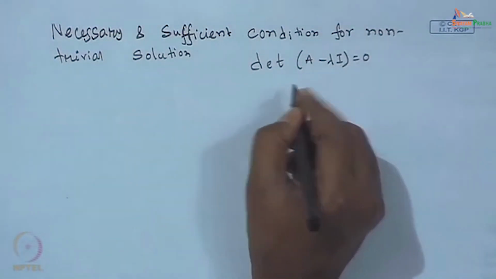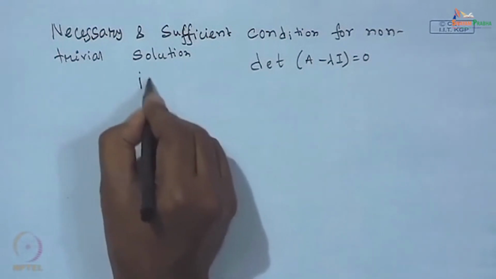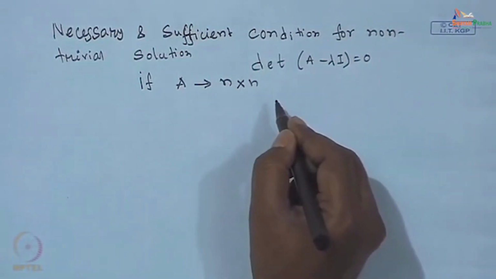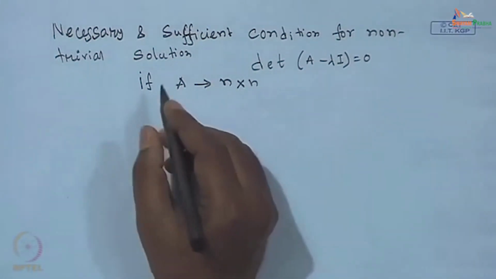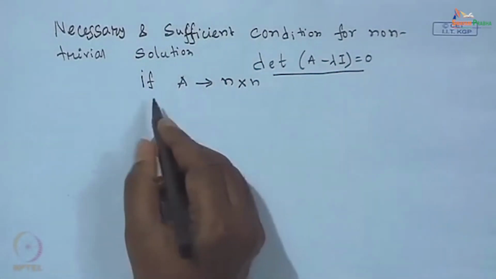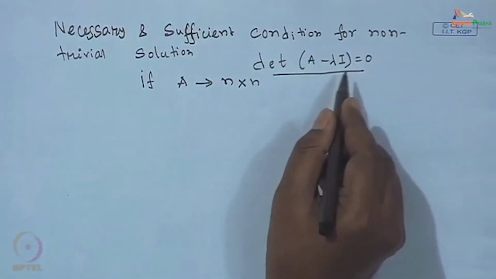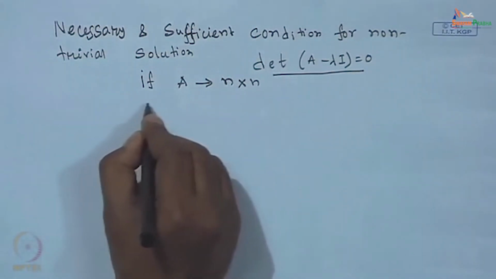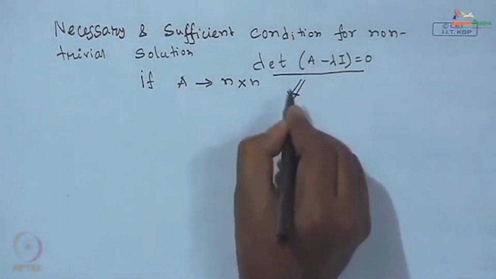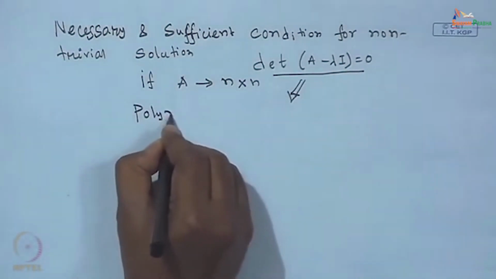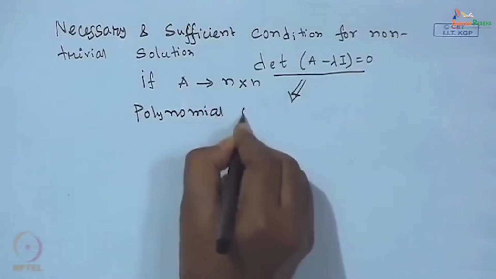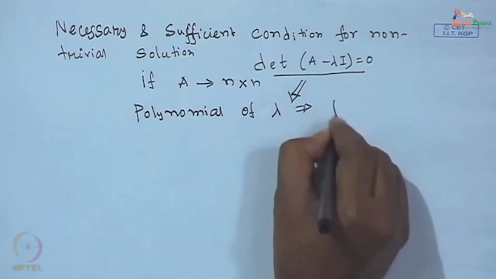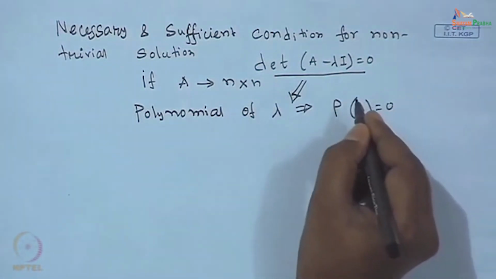If A is a square matrix of size n cross n, then this equation gives a polynomial of lambda, that is, p of lambda is equal to 0.